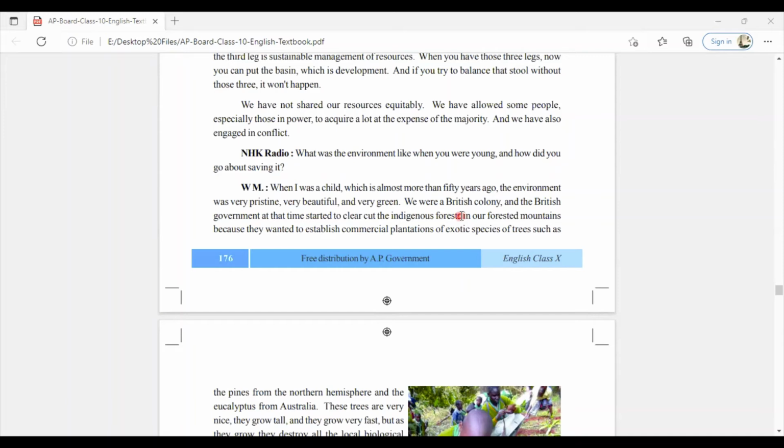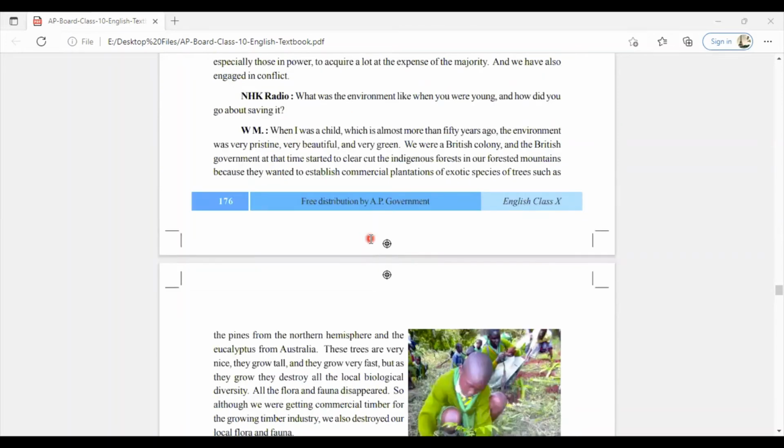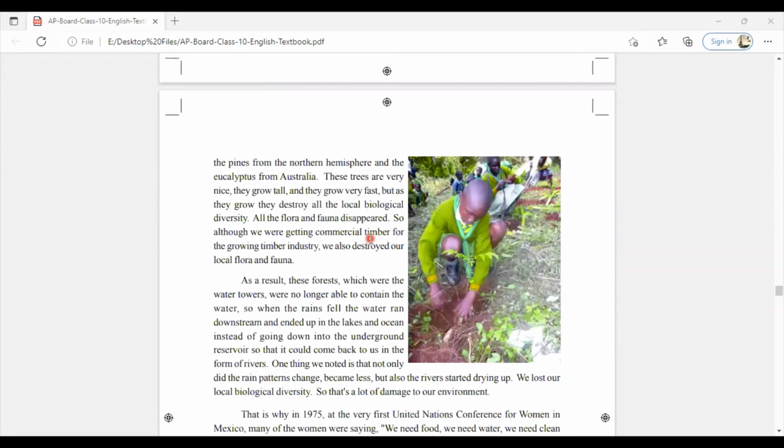She says that when she was a child, about 50 years ago, the environment was pristine, peaceful, beautiful, and green. But as she grew, the people destroyed it. So who is destroying the environment? The humans only, right?